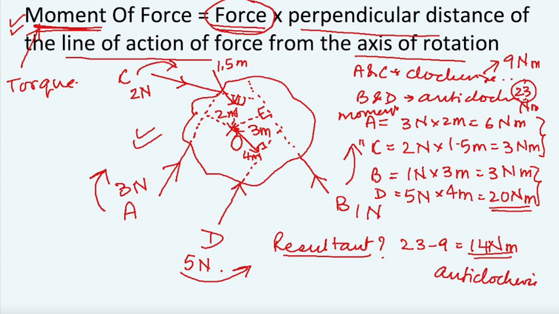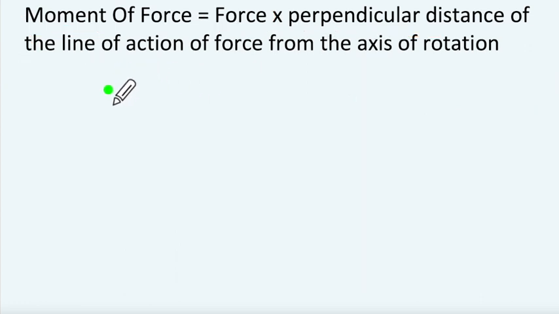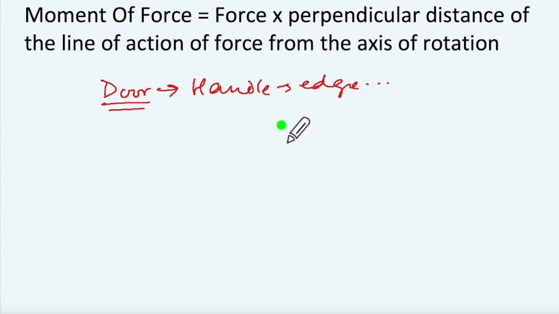The other questions that can be asked is if I have the door. Now, you know the give reason, which is handle is provided. Where is it provided? At the edge of the door, correct? So they will ask you, why is the handle provided at the edge?